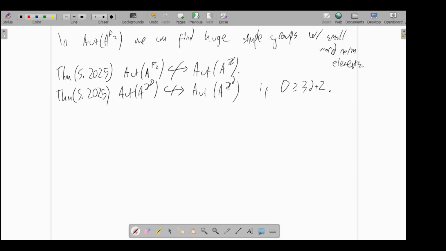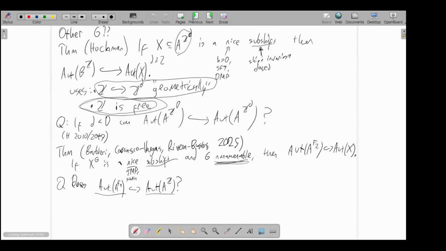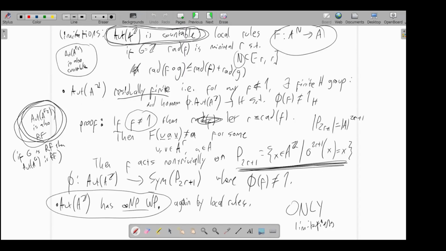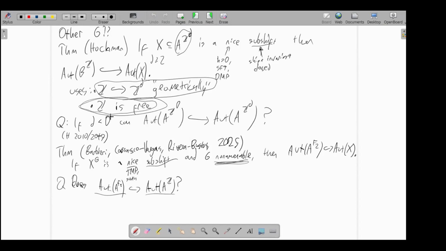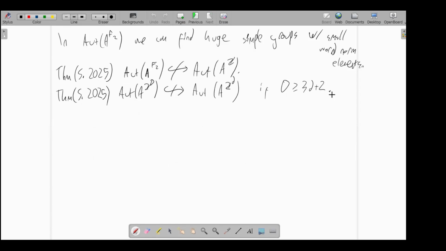Let me remind you that this was one of Hochman's questions. Hochman asked if small d is less than big D, can you have an embedding from here to here? In the other direction, you have a trivial embedding by acting on the cosets. So this solves infinitely many cases of his conjecture.